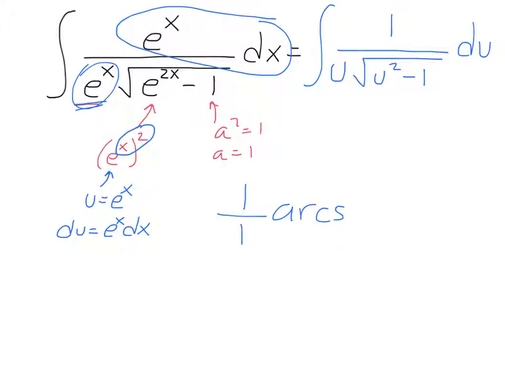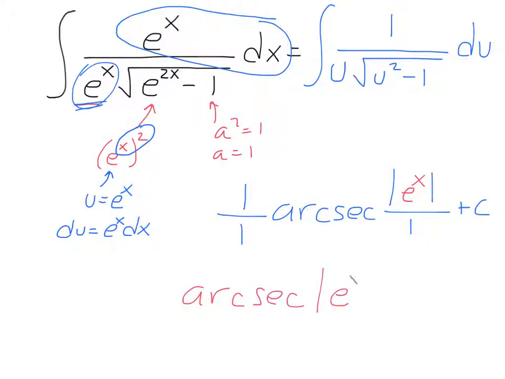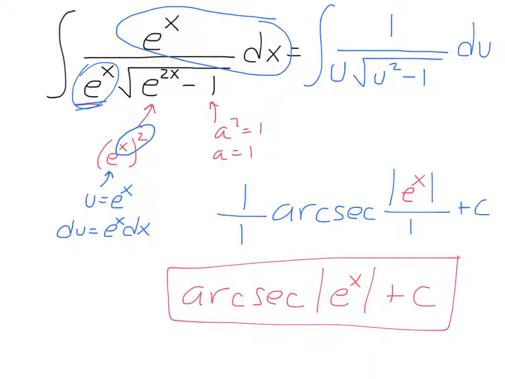And the rest of it is arcsecant absolute value of u over a plus c. And again, I'll go ahead and replace the u with e to the x. So simply put, it's going to be arcsecant absolute value of e to the x plus c. That would be our antiderivative.